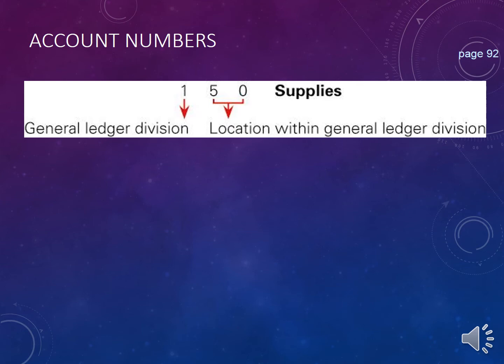The first number is general ledger division. In other words, it represents whether or not that account is an asset, a liability, capital, drawing, revenue, or expense. The second two numbers are the location of that account within the general ledger division.